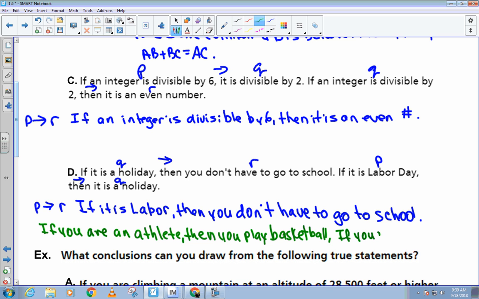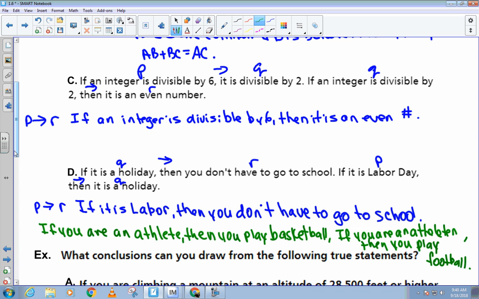If you are an athlete, then you play football. Okay? Now, if I wrote something like that, would there be any logical conclusion?